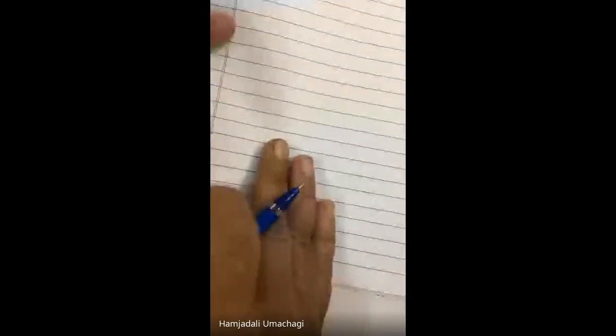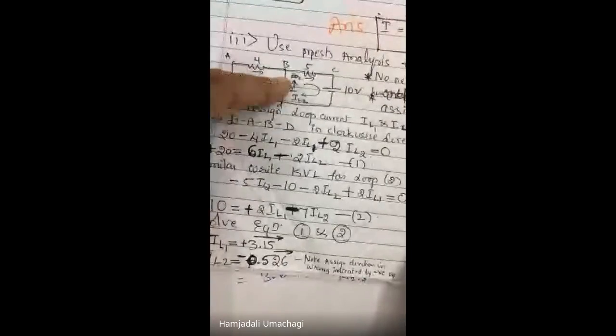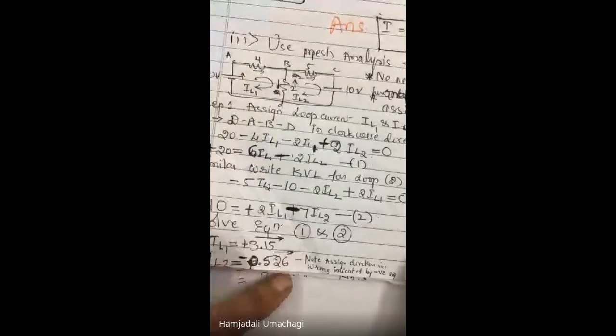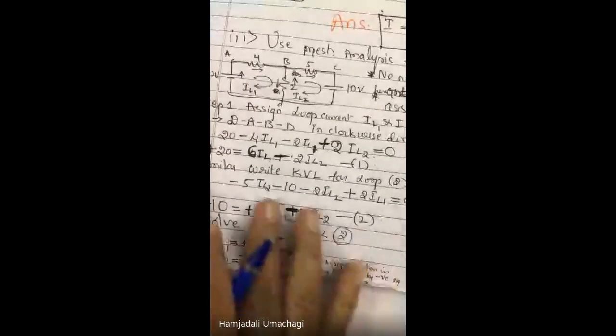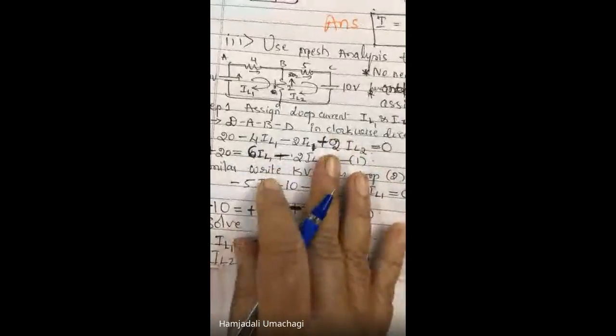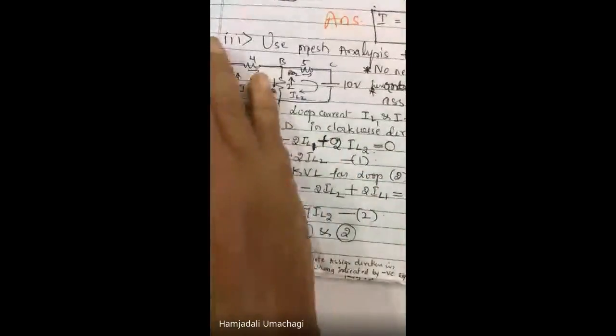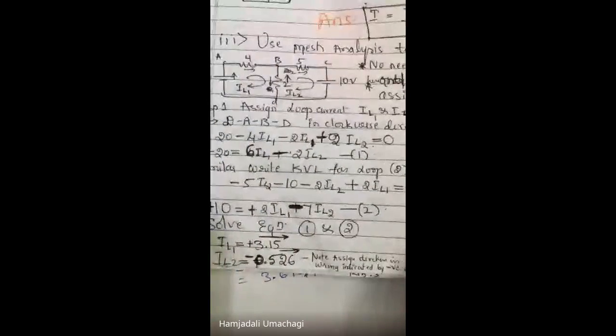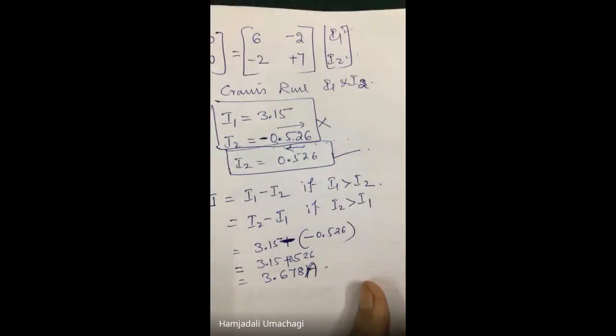Here it is, 3.68 ampere. Same current we have got by applying mesh analysis. This is the solution of mesh analysis. I have written everything in this paper. I will send the copy of the solution of all three solutions.